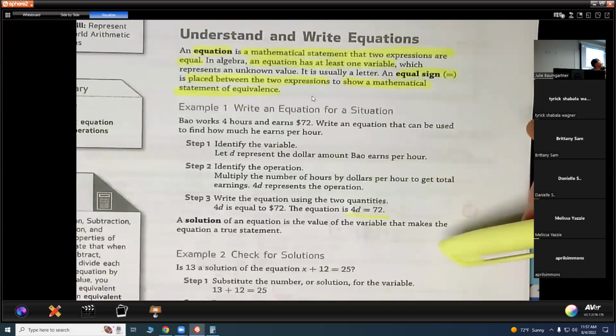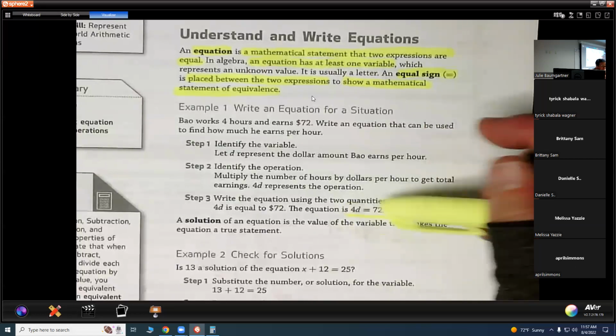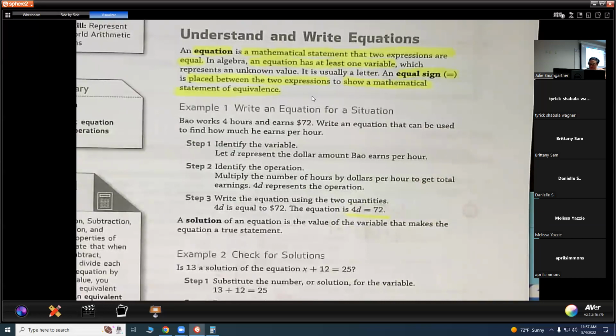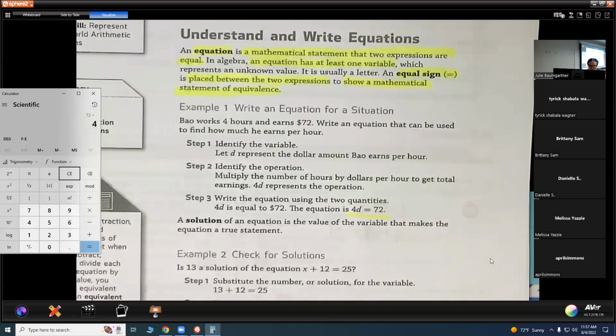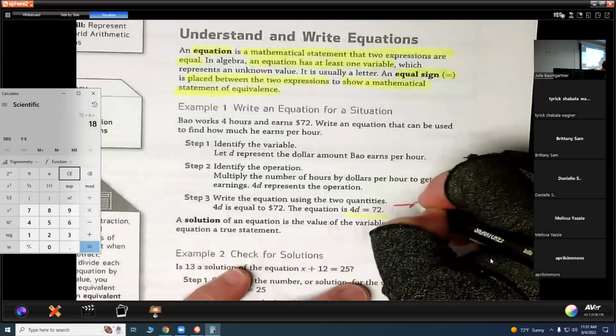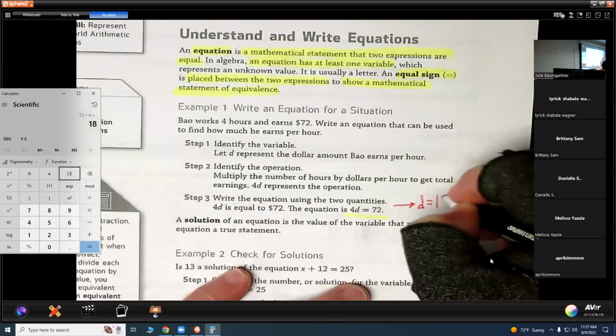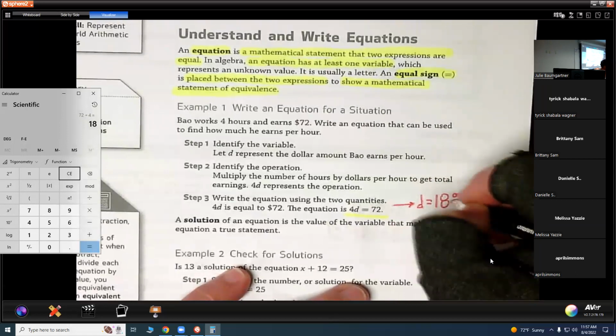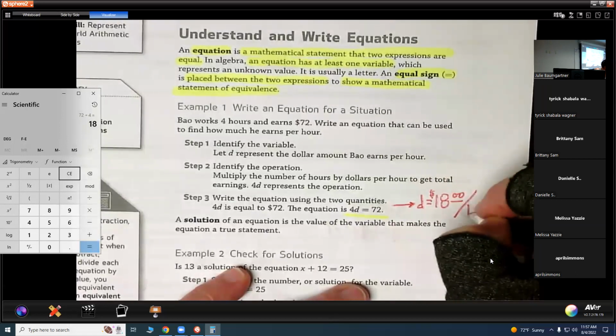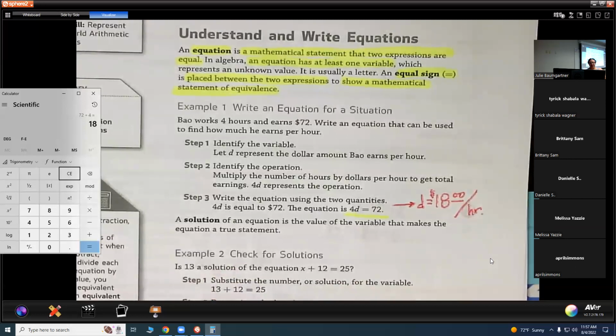Do we have to divide the 4? Good, we're going to divide both sides by 4. My brain doesn't really want to do a lot of head math right now, so 72 divided by 4. D equals 18, basically $18. So we know that Bao makes $18 an hour, or at least did this day.